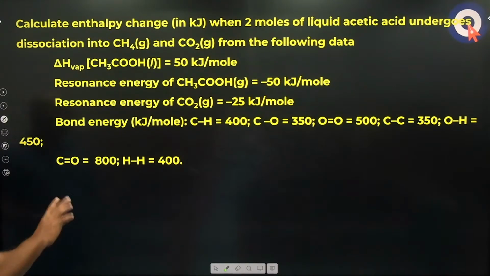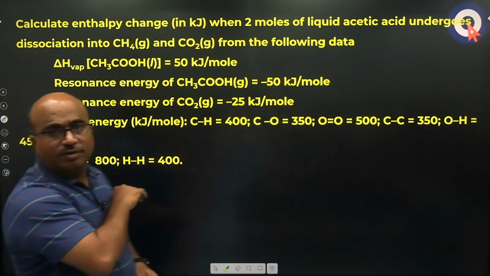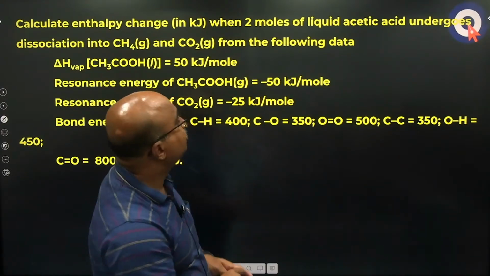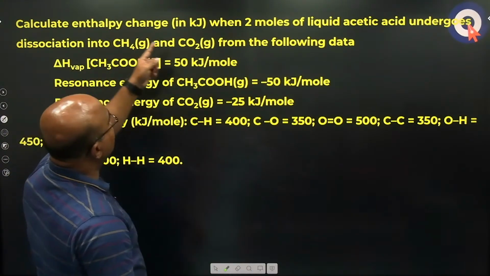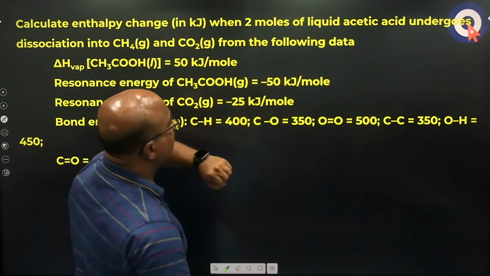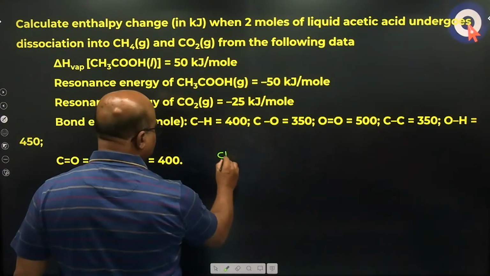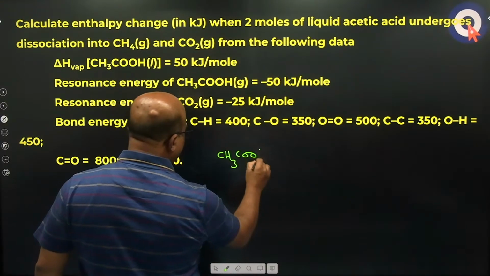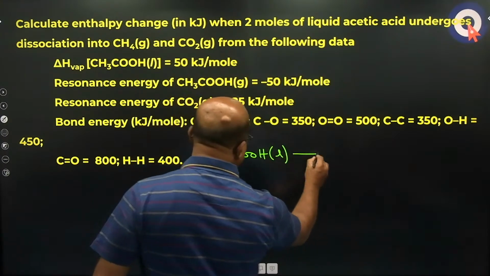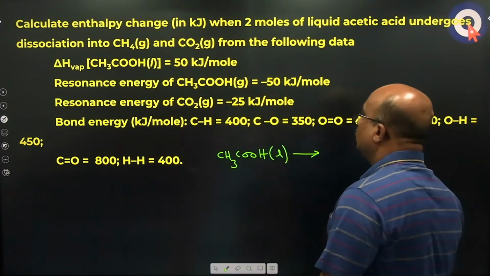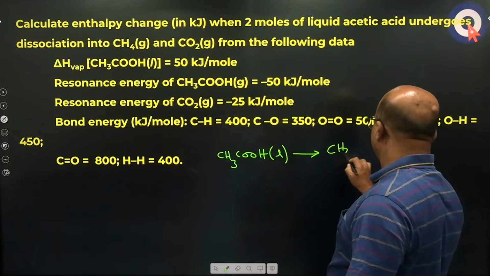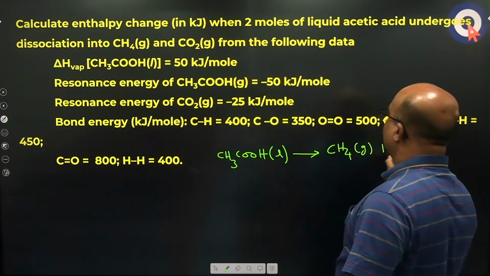The enthalpy changes, like what we actually do with the Hess law application and all that. So the enthalpy change for 2 moles of liquid acetic acid, that is acetic acid CH3COOH liquid, is converting into CH4 gas plus CO2 gas.